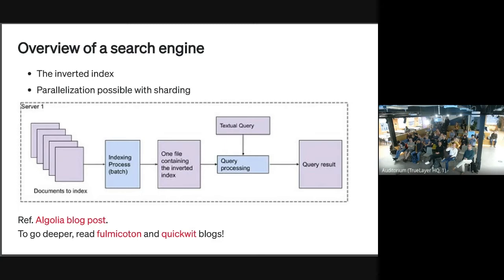Just an additional comment about this diagram. What is happening in general is that you have one indexing process that is ingesting the documents that are coming, and then you have one query process that is processing the incoming queries. The indexing process is working by batch.